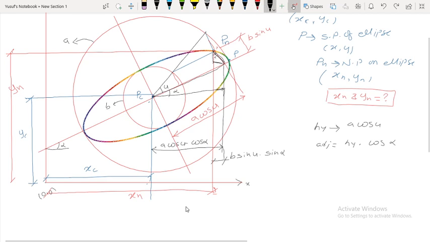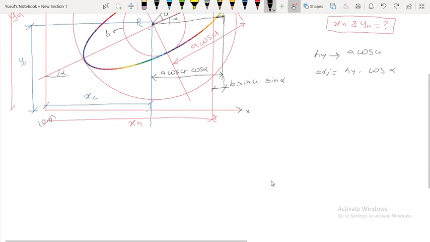Okay. So if you want to calculate xn, meaning from here to here, xn will be equal to, from this geometry we can write the equation for xn.